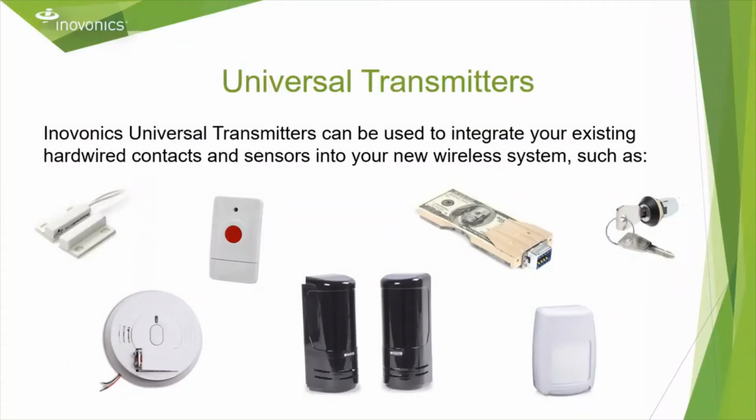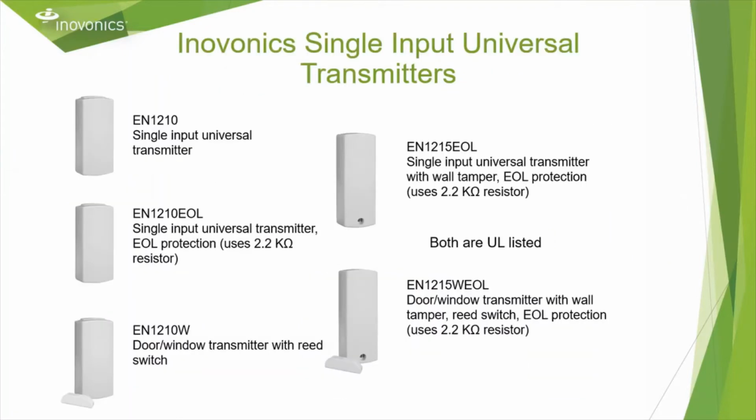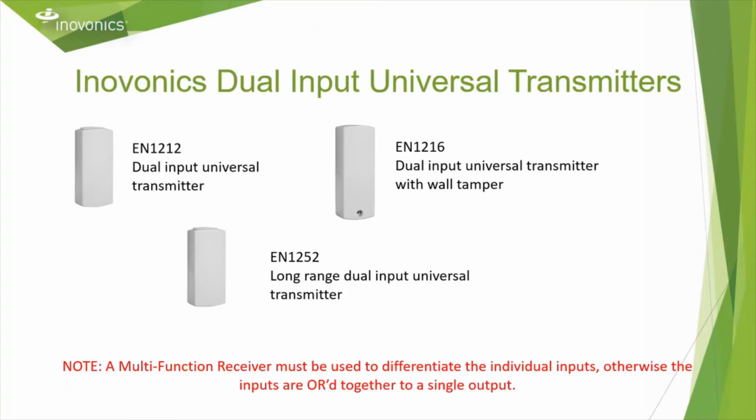Our universal transmitters provide you the ability to integrate your existing normally open and normally closed hardwired contacts and sensors into our advanced wireless system. We make several different flavors of universal transmitters, some that have their own built-in reed switch for a door window contact, others that have wall tampers, or ones that supervise the line between your contact and our sensor with an end-of-line resistor.